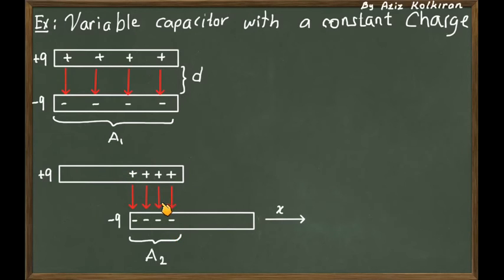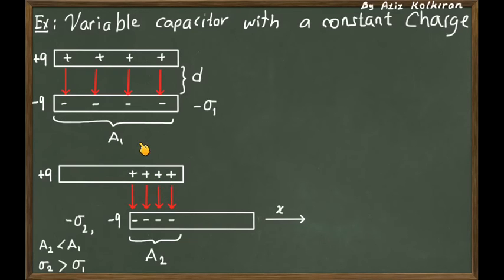The only thing is that these charges are not distributed evenly in the second case because of the electrostatic attraction between the pair charges on both plates. But both plates are in electrostatic equilibrium. That means the charges are not moving anywhere. The charges are steady. So as long as the charges are steady on a material, we can say that this material is in electrostatic equilibrium.